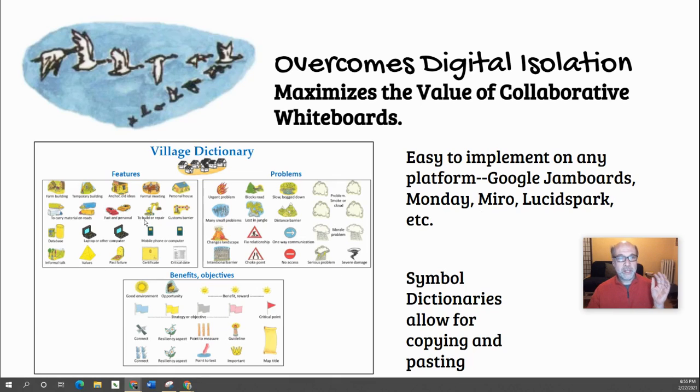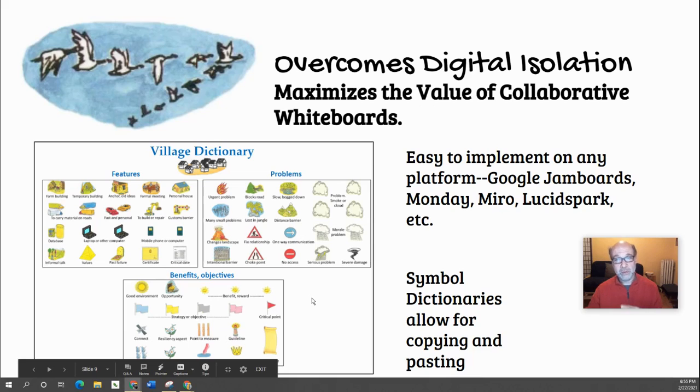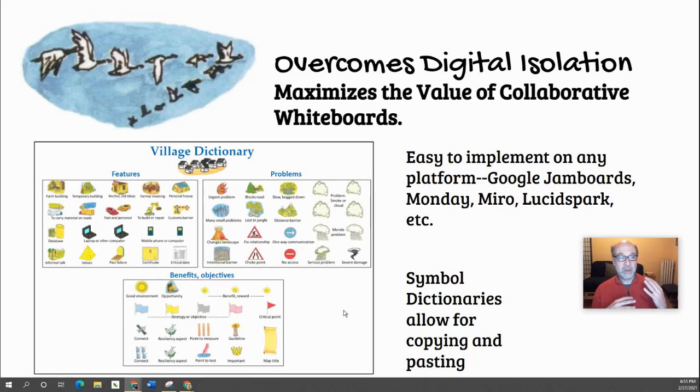And you'll see on the Village Dictionary, we place the features of our situation and we place the problems. There's some symbols that aren't on here, the roads and so on, that indicate communication. And we also place our understanding of the overall context, the benefits, the rewards, where there's some resource for resiliency, and so on and so forth.